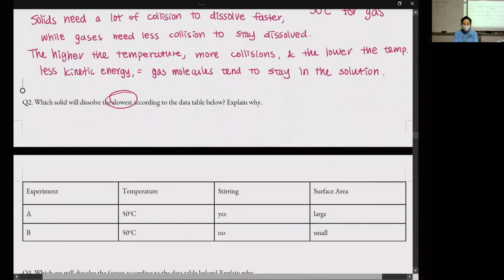So we have experiment A and experiment B. Since this one is solid, we want the temperature, well, they're the same, so it doesn't matter. We don't want to stir because we don't want it to dissolve fast. Surface area needs to be smaller. So experiment B will be slower because no stirring means less collision.